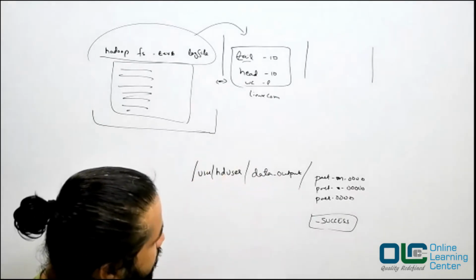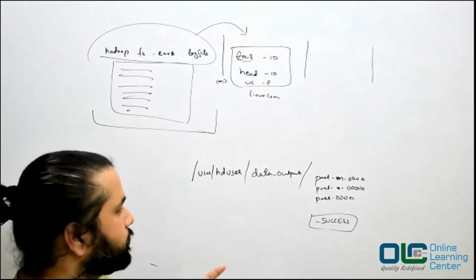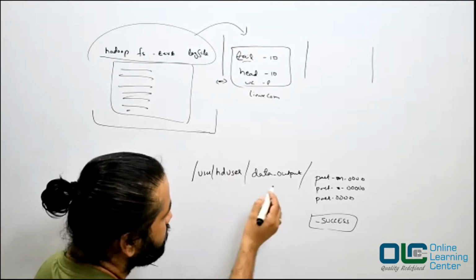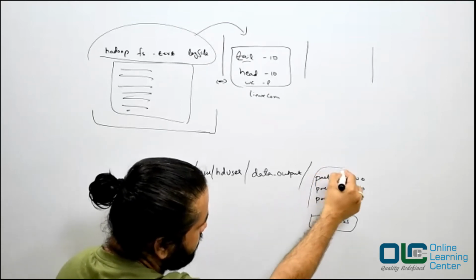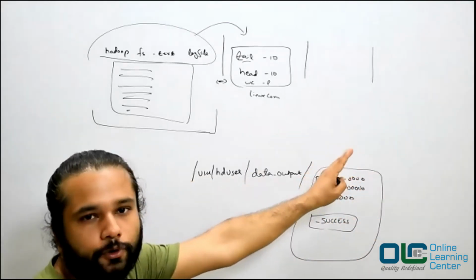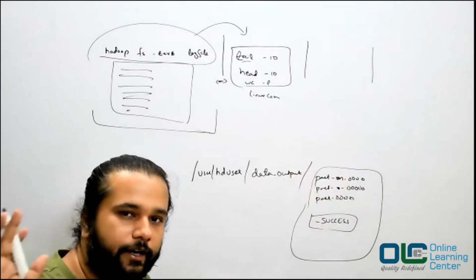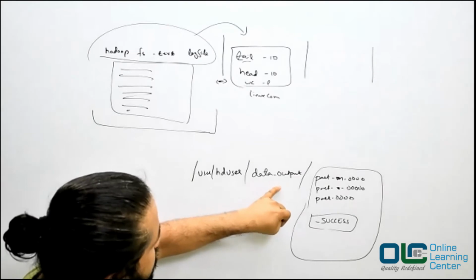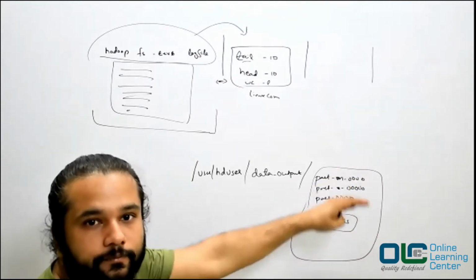But what I'm trying to tell you here is, suppose you want to replace this output with some files which are given to you by the client, saying that this folder should get these files, right?